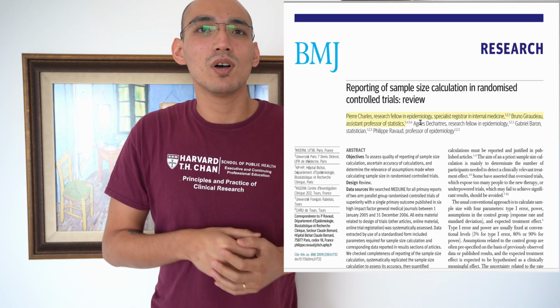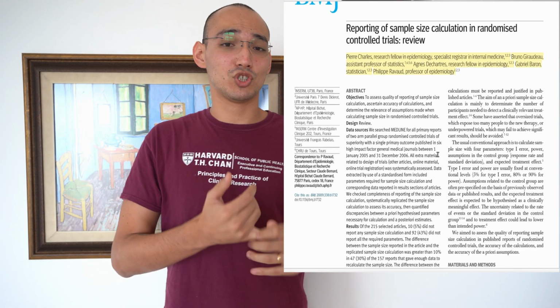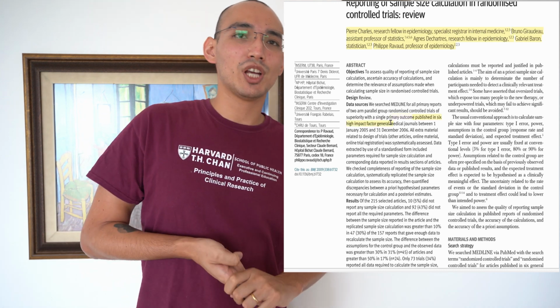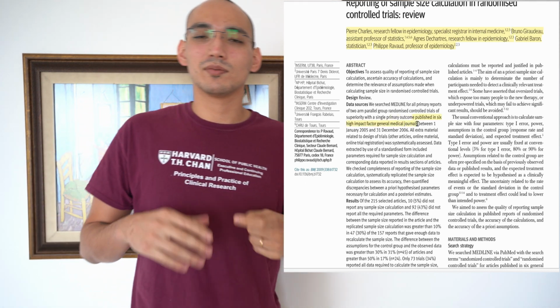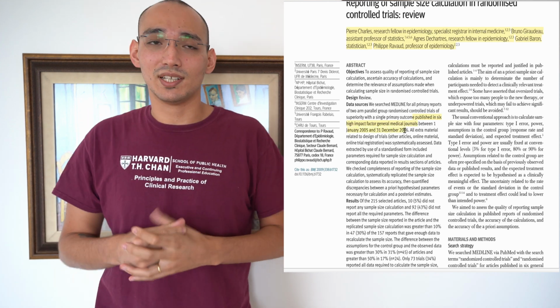So if we fast forward a couple of decades, we can see that Charles et al. tracked 6 high impact factor journals. So there was JAMA again, New England, and Lancet again, but they also added BMJ, Annals of Internal Medicine, and PLOS Medicine. And they looked at from 2005 to 2006.